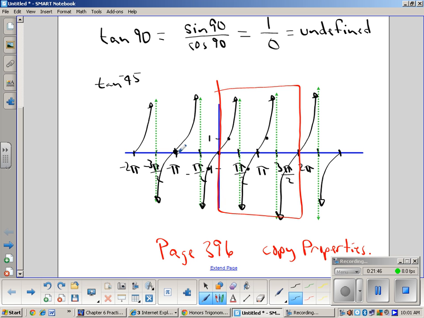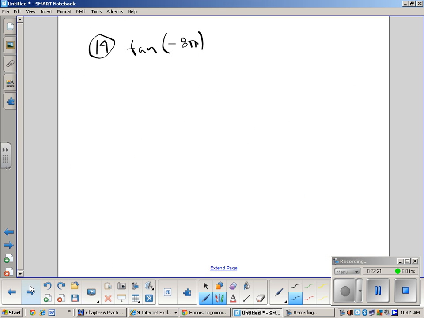Well, this is negative pi, this is negative 2 pi, negative 3 pi is over here, 4 pi, 5 pi. If I keep going, what's the value of the tangent of negative 8 pi going to be? 0, because tangent of any power of pi is going to be 0. So, to answer our question, it's equal to 0.